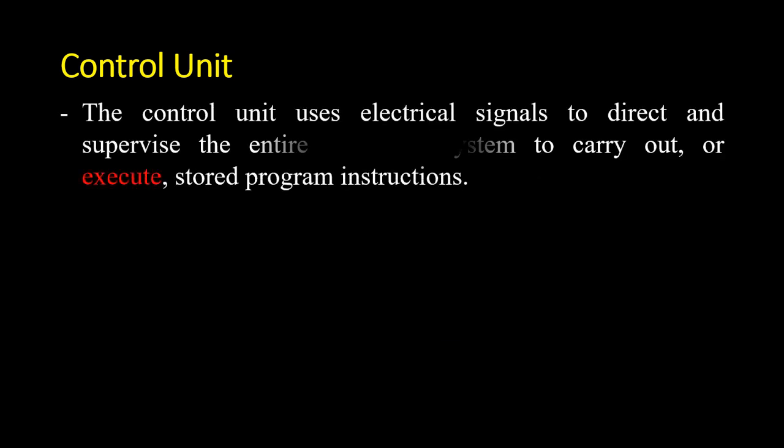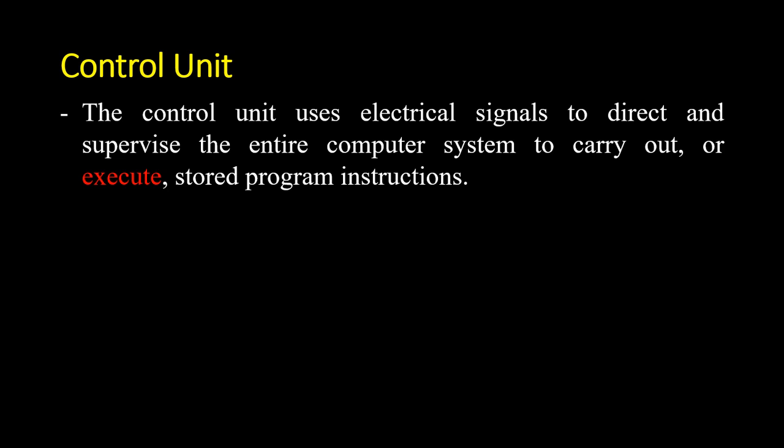Now let's look at the control unit again. We are describing the control unit not by physical appearance but by role. We are defining it based on its role, not necessarily its physical appearance. It is a piece of hardware, yes, but we are interested in looking at its role.